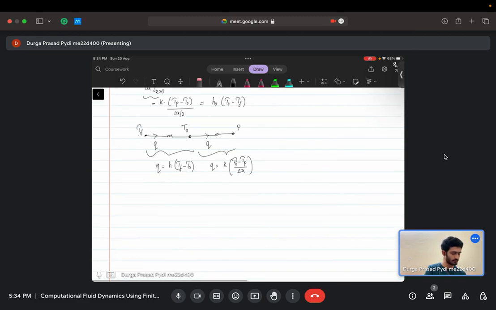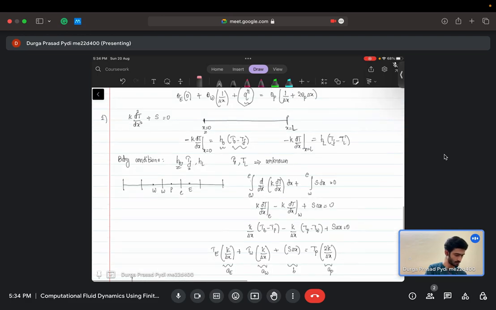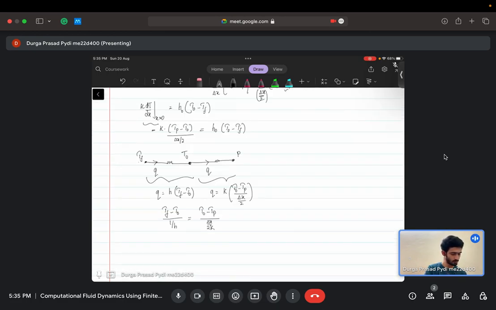Essentially it goes like Tf minus T0 by 1 over H equals T0 minus Tp by delta x over 2k. I think there is some sign change that needs to be done here: k times dT/dx equals H0 times T0 minus Tf. Sorry for the correction, here you don't have a minus.